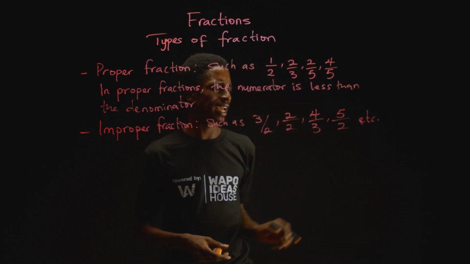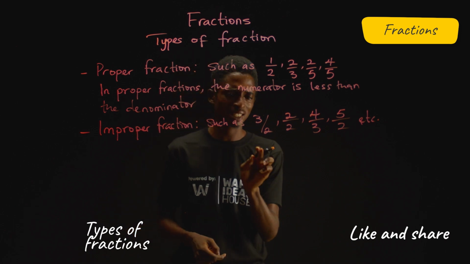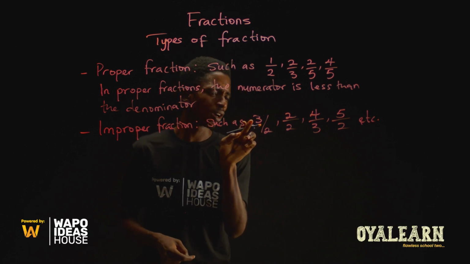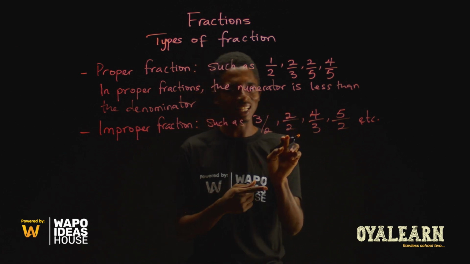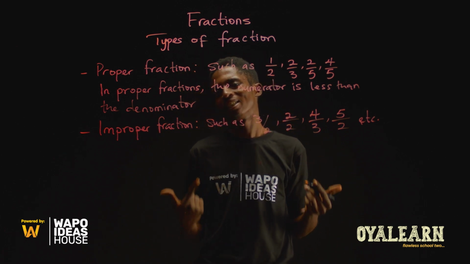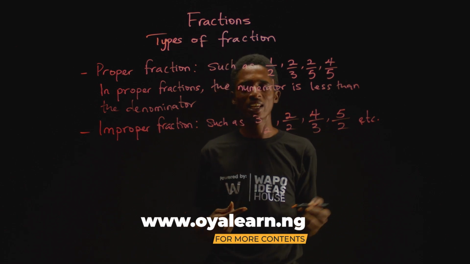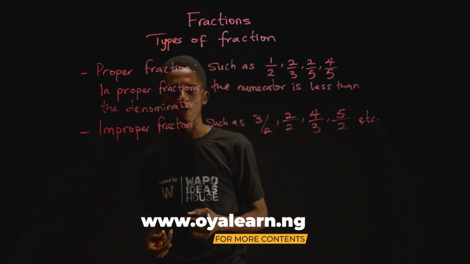What we can see here is that in this case, the numerator is greater than the denominator or exactly the same as the denominator. In this kind of case, we are dealing with an improper fraction.